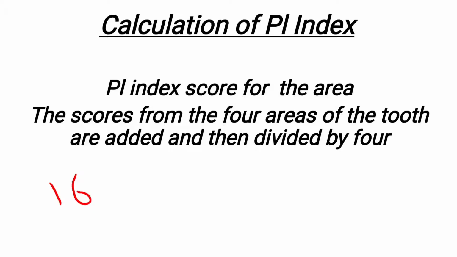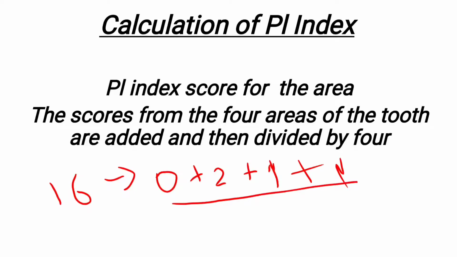Okay, suppose we give score 0 for distofacial, 2 for our facial surface, 1 for our mesofacial surface, okay, and 1 for our lingual surface. Okay, then we are going to add it up and divide it by 4.